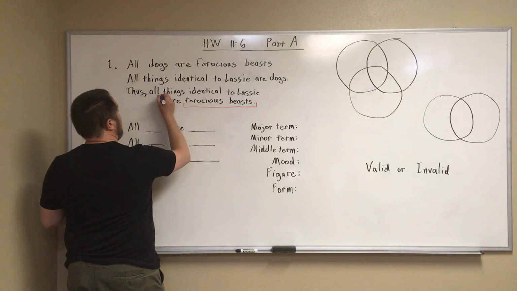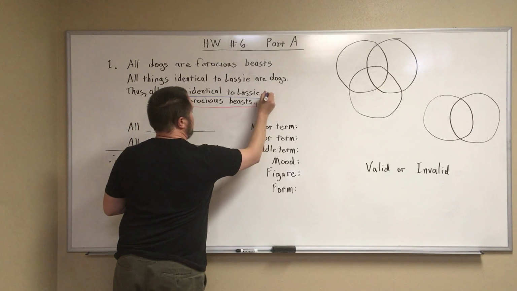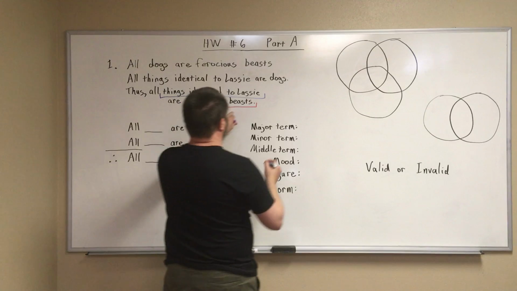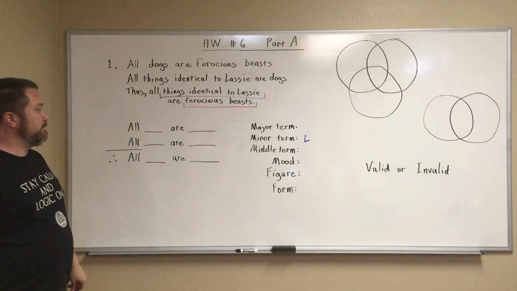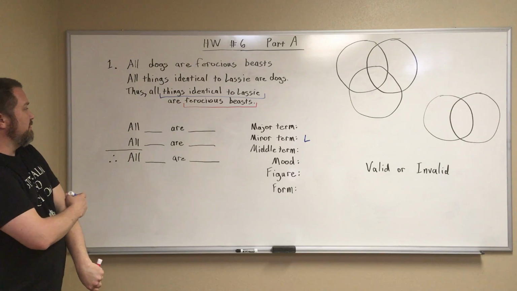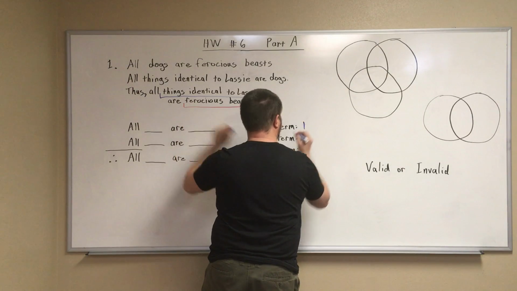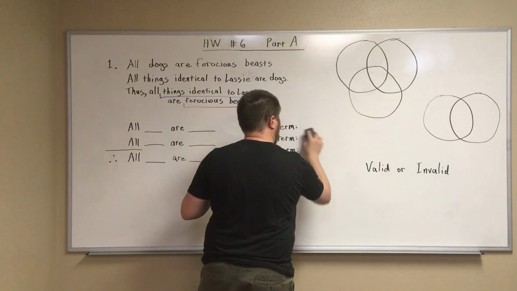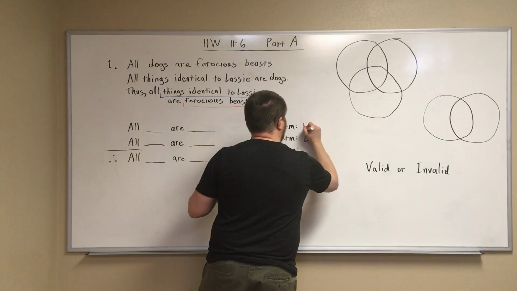So this would be all things identical to Lassie is going to be your minor term. So we'll just call that L for the minor term, all things identical to Lassie, and ferocious beasts for the major term. Oops, use the red marker there. We'll just call F.